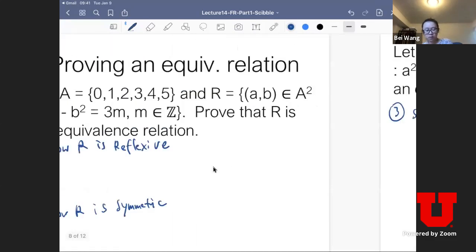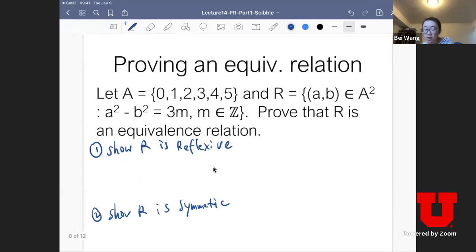All right. Okay, so the easiest one is to show it is reflexive. What we do is we start with an element A that is in my set A. We want to show that the pair is in this relation.